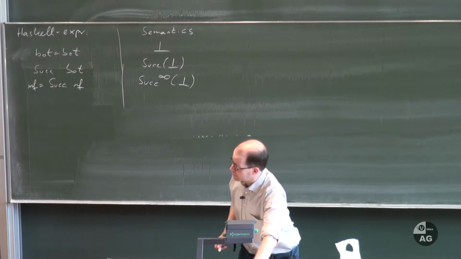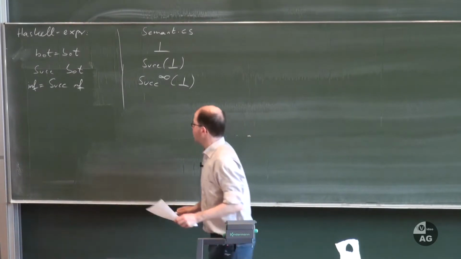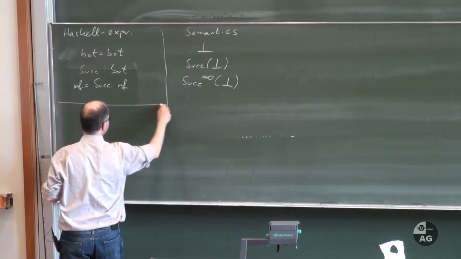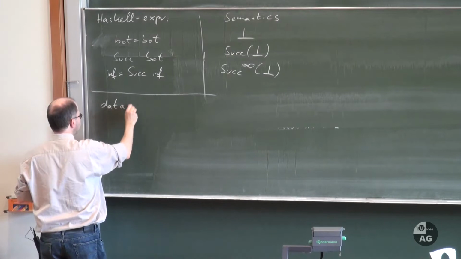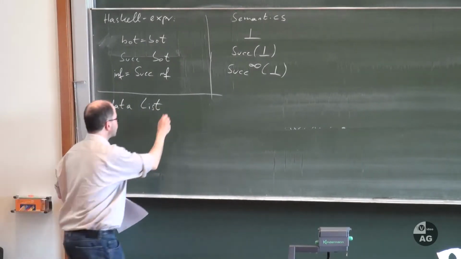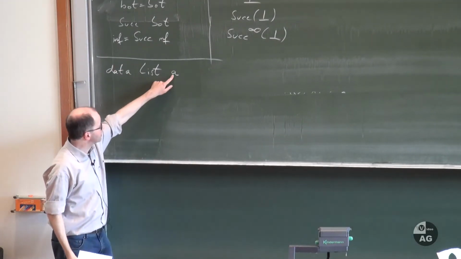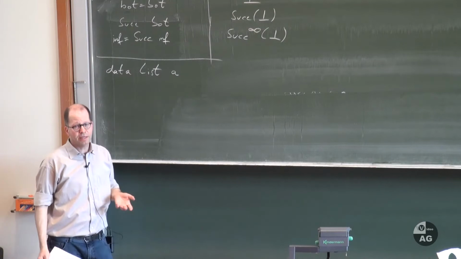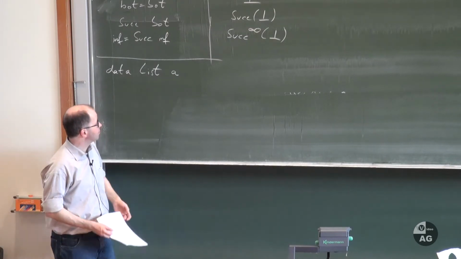Let's define the data type for lists ourselves, and this is typically a polymorphic type. So how would we define this? Well, we would say there's a new unary type constructor list. So list takes some other type as its argument, and if this is a type, then list A is again a type, namely the type of lists where the elements are of type A.